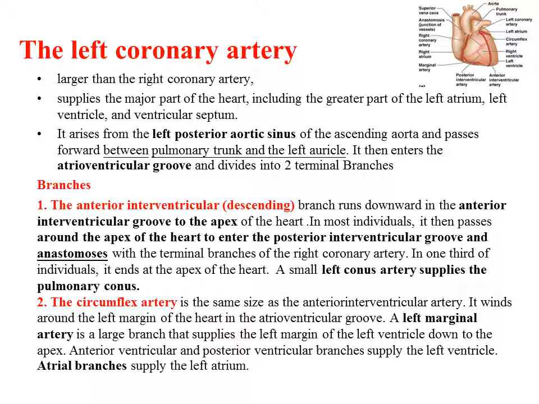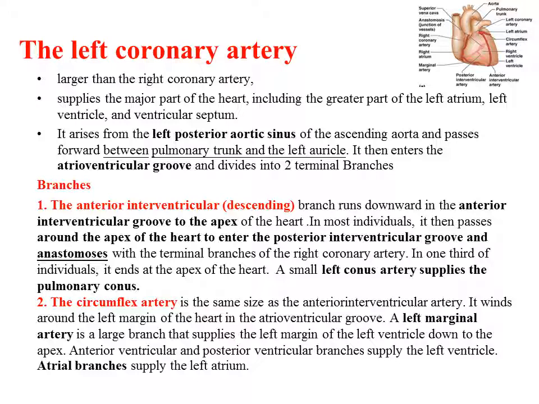Number two, the second branch of the left coronary artery is the circumflex artery, a very significant artery, the same size as the anterior interventricular artery. It winds around the left margin of the heart in the atrioventricular groove. On the right there is a marginal artery, and on the left there is also a marginal artery.